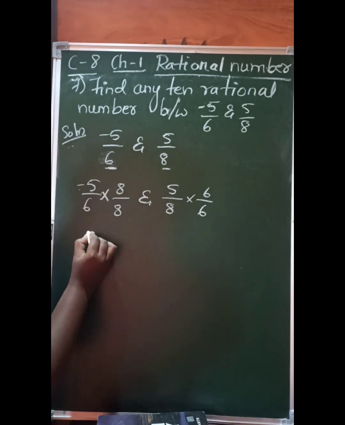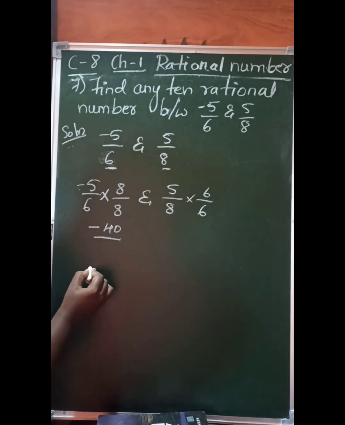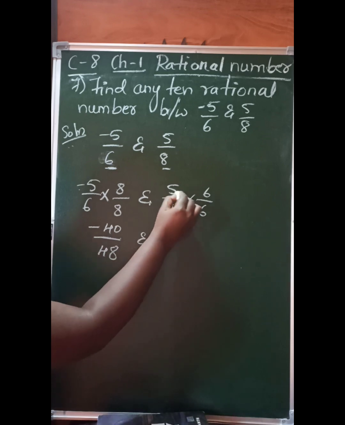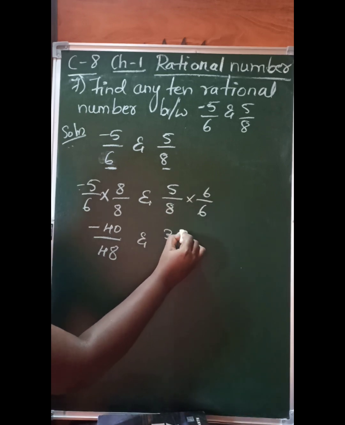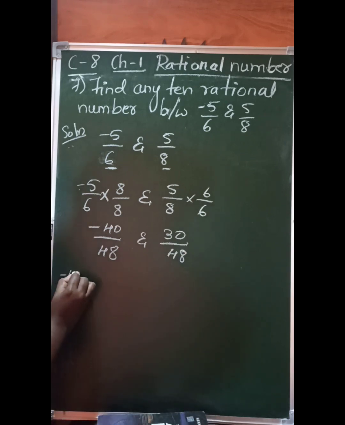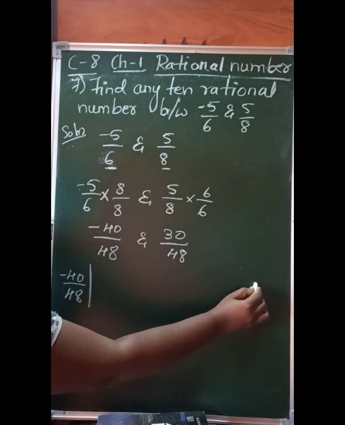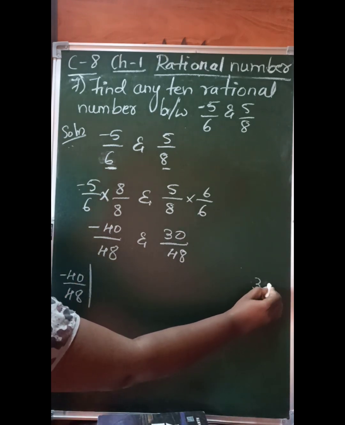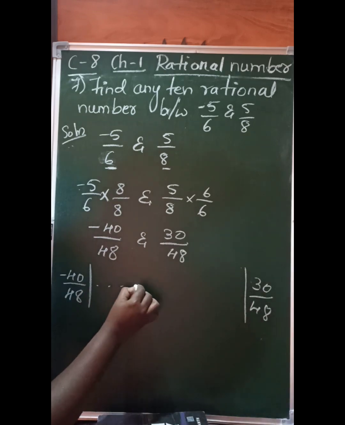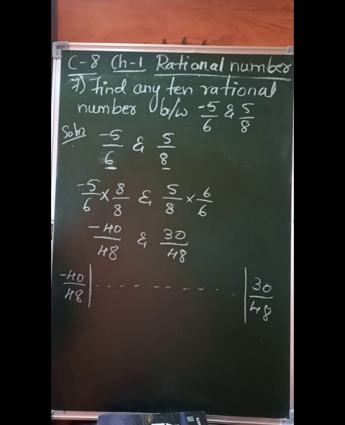Minus 8 times 5 is 40, divided by 8 times 6 is 48, and here 6 times 5 is 30 divided by 48. So on the number line, between minus 40 by 48 and 30 by 48 you have plenty of numbers. In that, you consider any 10.